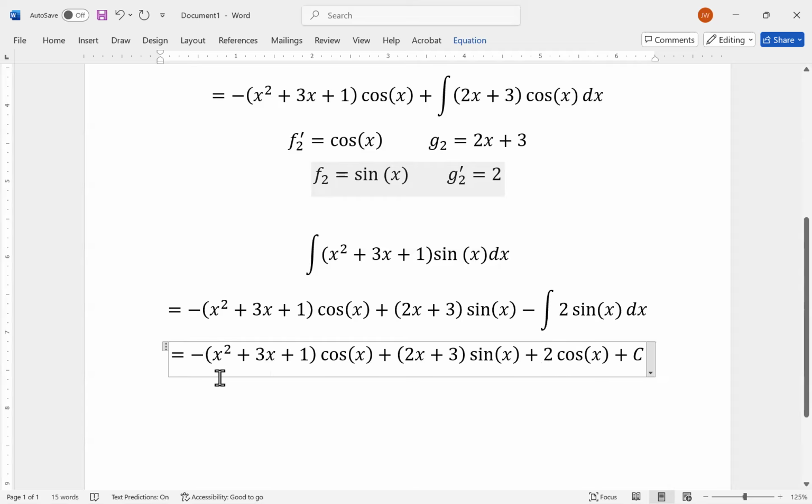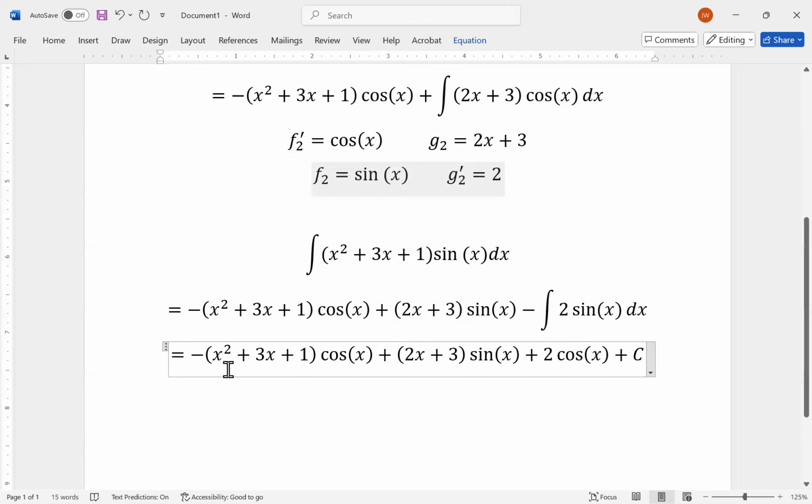Notice that we're starting out with quadratic times negative cosine, and then I get the linear piece times regular sine, and then I get a 2 times a cosine. So notice negative cosine changes into a sine, changes into a cosine. Going down each time, pattern-wise, I'm taking the derivatives.